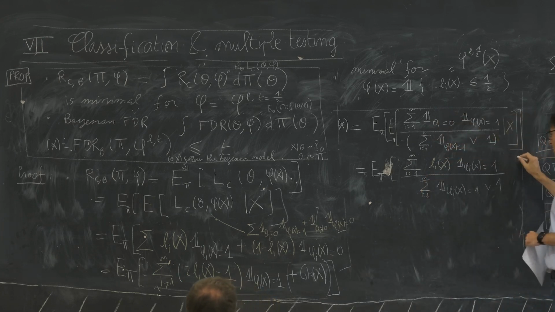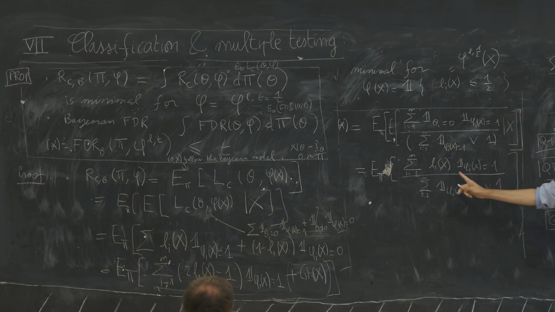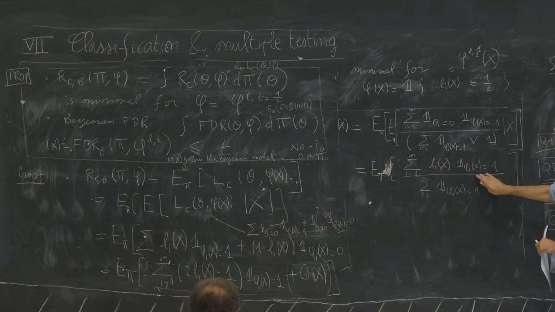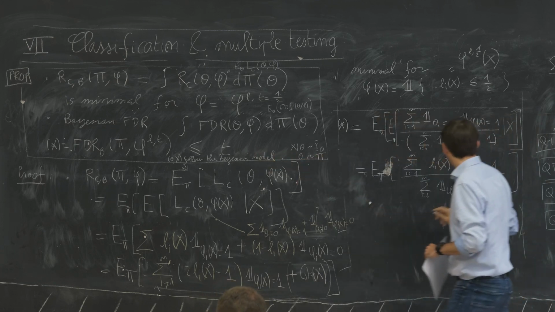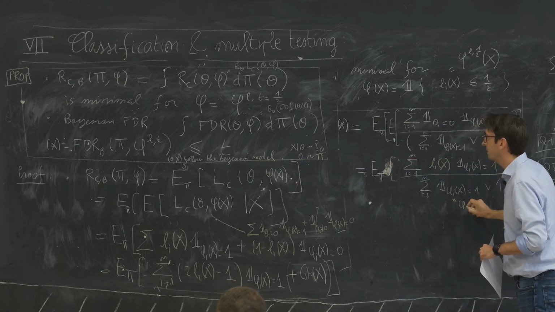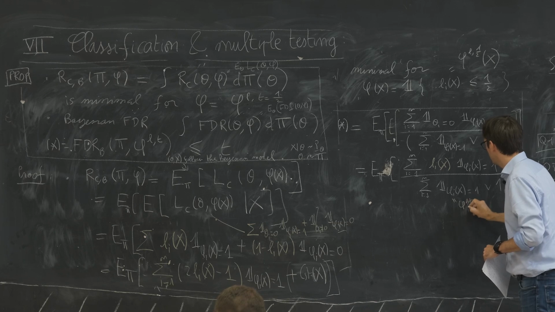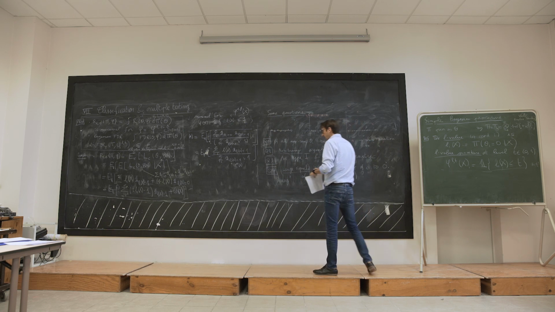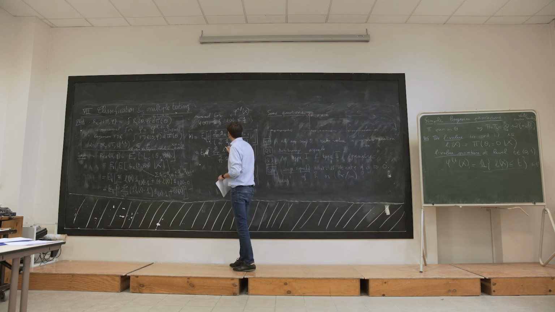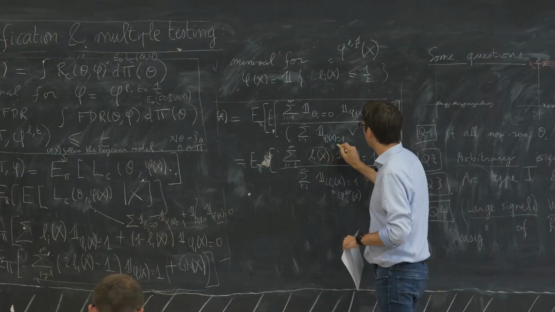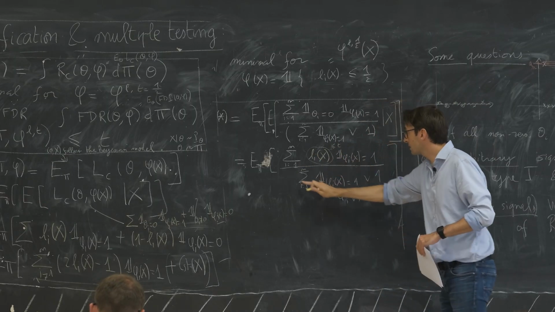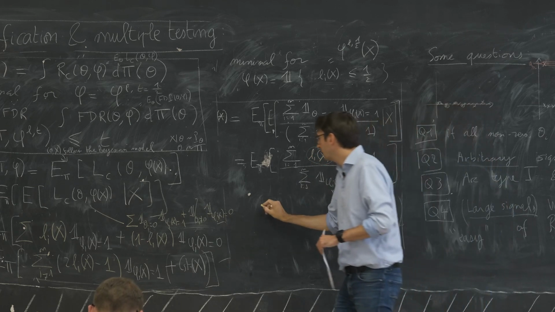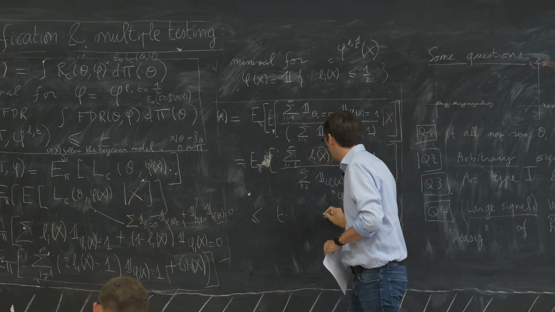Here I'm just averaging the LIs of x, and now what is phi? My statement is about the procedure phi LT, okay? And what is phi LT? It's the procedure that is 1 if and only if Li is smaller than t. So under these indicators, all those terms are smaller than t. Here I'm just averaging terms which are all smaller than t. So therefore, I must get something smaller than t. Okay?